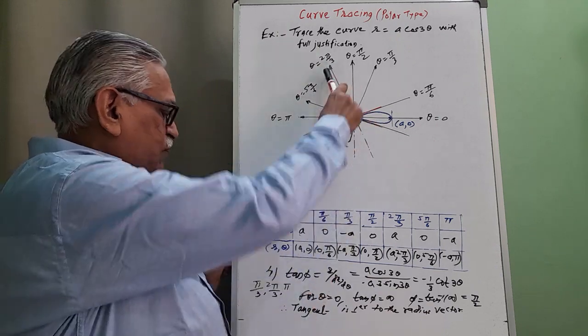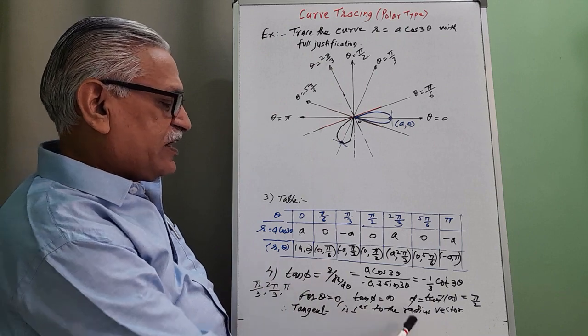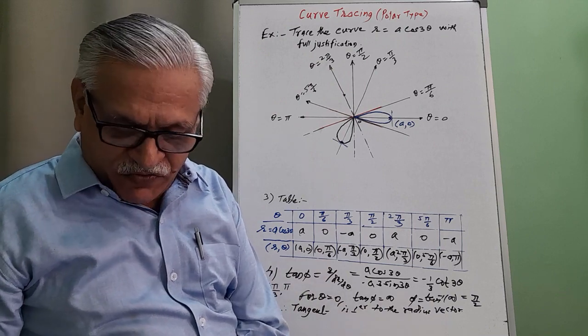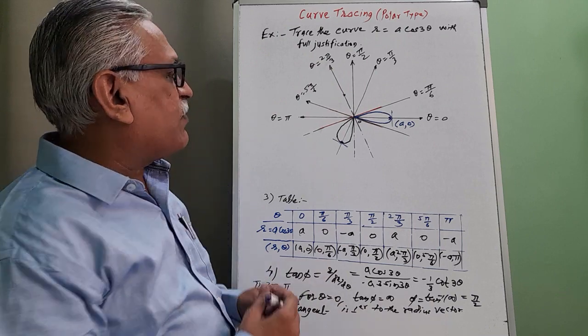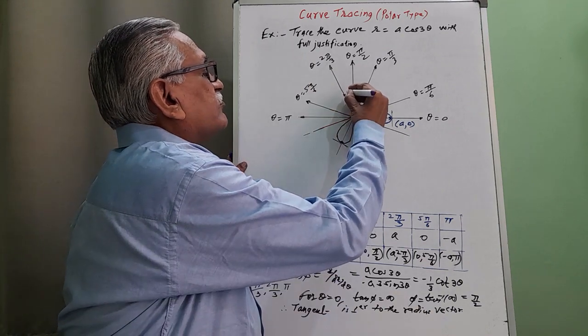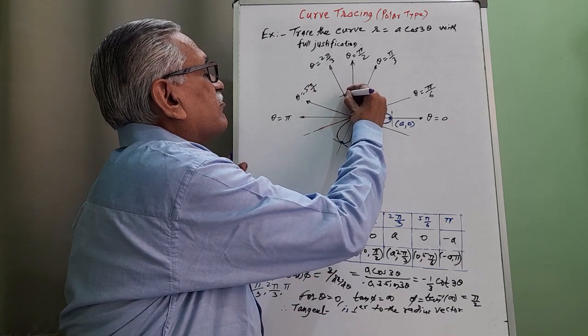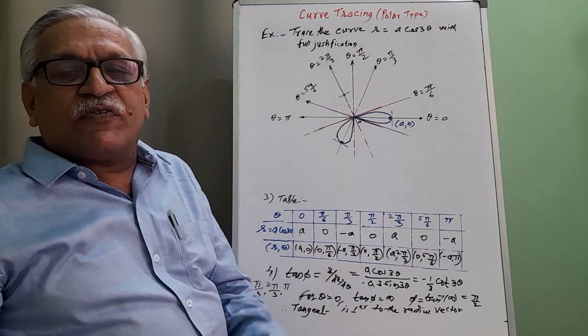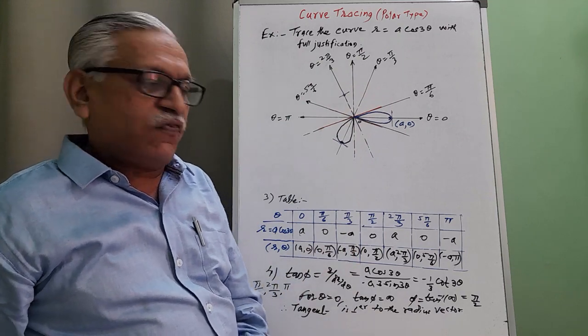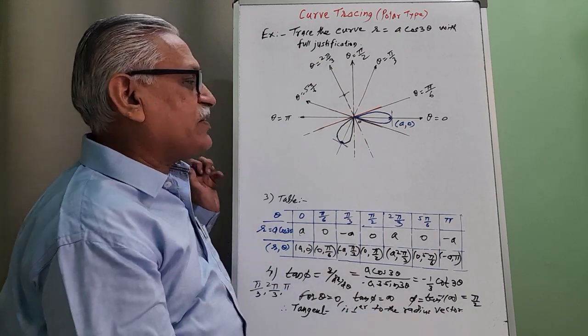For theta equal to 2 pi by 3, once again the tangent is perpendicular to the radius vector. Therefore, we make a perpendicular tangent. The angle between the tangent and radius vector is phi. That phi is here pi by 2.